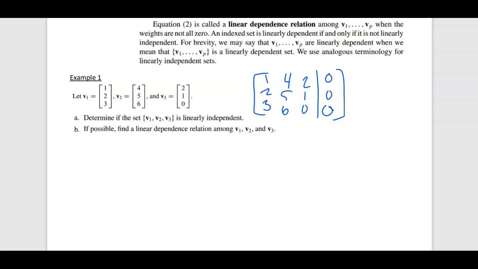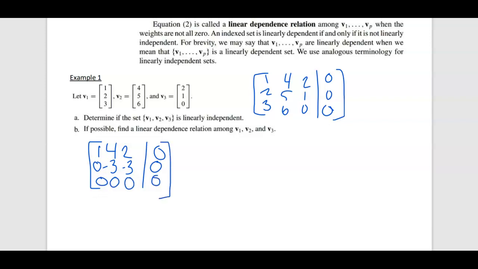It just so happens, without doing all of the row operations, we end up getting 1, 4, 2 in the top. We get 0, -3, -3, 0, and the bottom zeroes out. I didn't show you that row reduction, but this is the matrix that we end up getting.